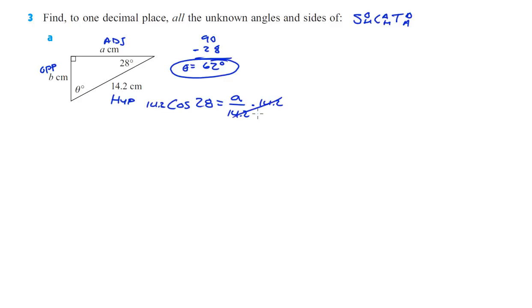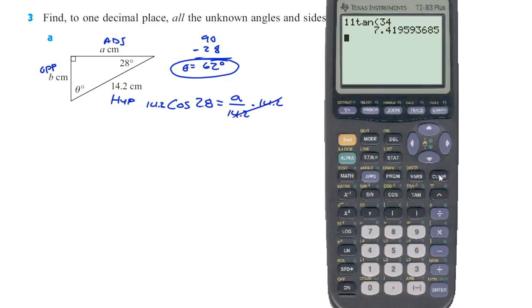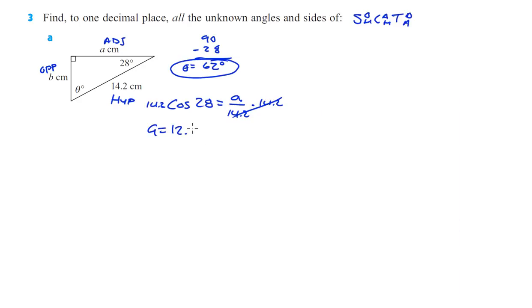All right. And so let's see, we got 14.2 cosine of 28. Gives us 12.54 if we round it off. Oh, it says to one decimal place, so we'll do 12.5. So A equals 12.5 centimeters.